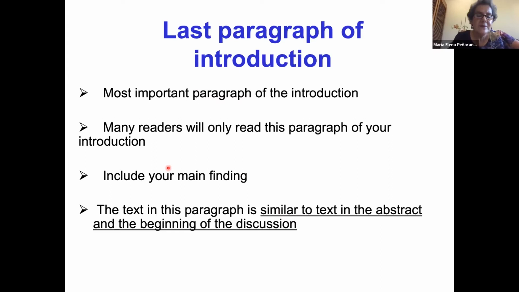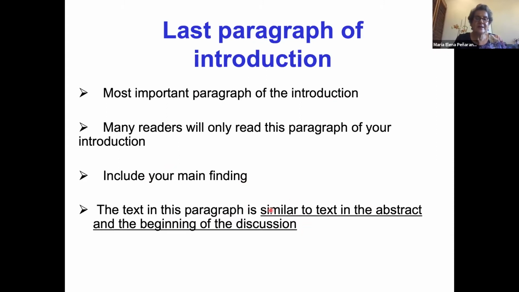Many people, as we said before, are going to read the first paragraph and the last paragraph in the introduction. The last paragraph includes the most exciting part, what you did, how you did it, and possibly your main finding. The text in this paragraph is similar to the text in the abstract and in the beginning of the discussion.